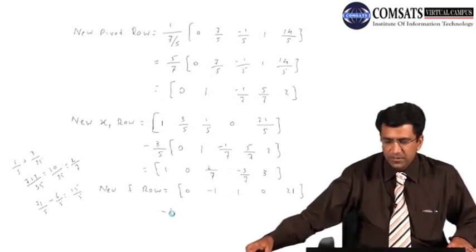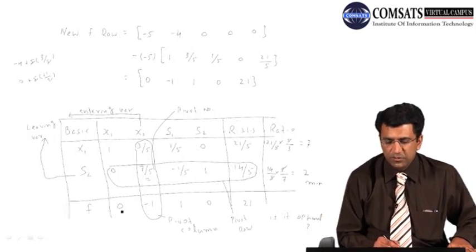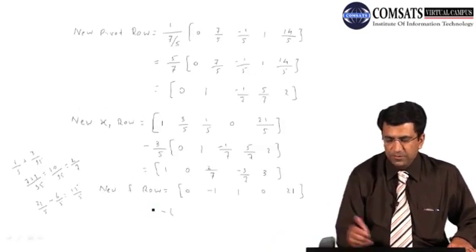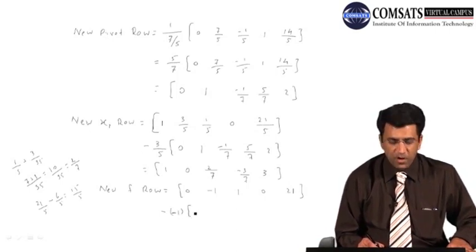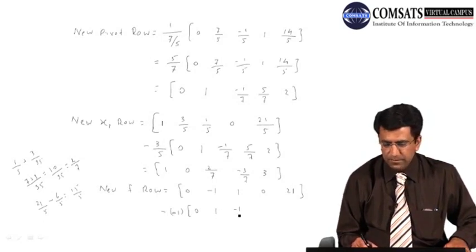If we go to the previous table, then the corresponding pivot column coefficient for this particular value of f will be equal to minus 1. So that's why we will put minus 1 here, and the new pivot row, again the new pivot row is 0, 1, minus 1 by 7, 5 by 7 and 2.